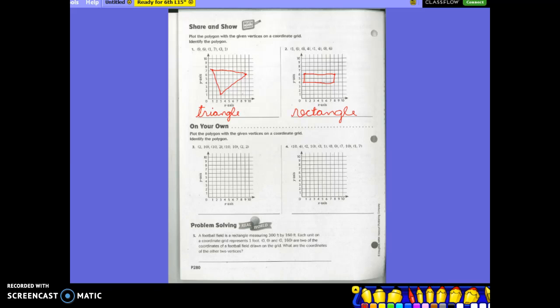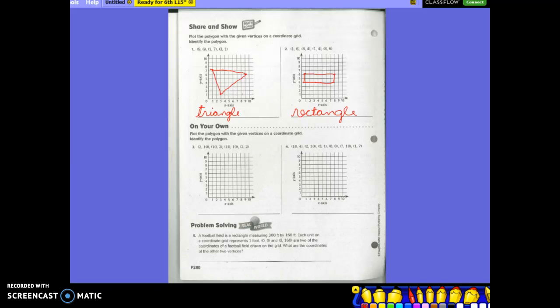If you look at the problem solve, it says a football field is a rectangle measuring 300 feet by 160 feet. Each unit on the coordinate grid represents 1 foot. 0, 0, and 0, 160 are 2 of the coordinates on the football field drawn on a grid. What are the coordinates of the other 2 vertices? So if we had 0, 0, what else could we draw?